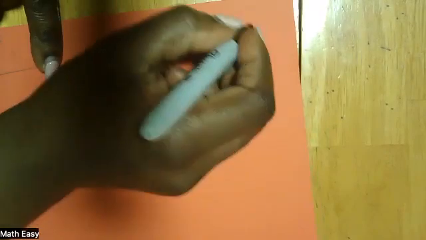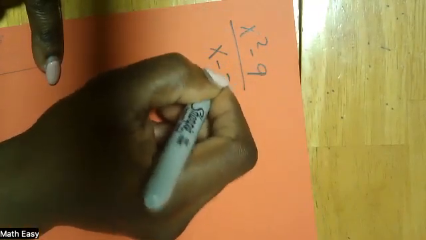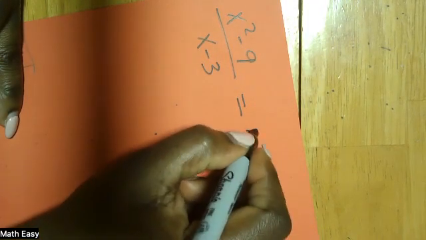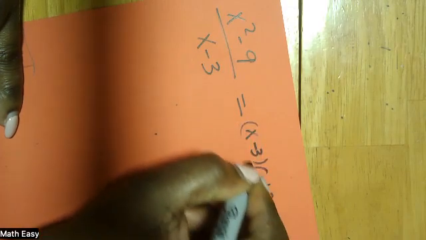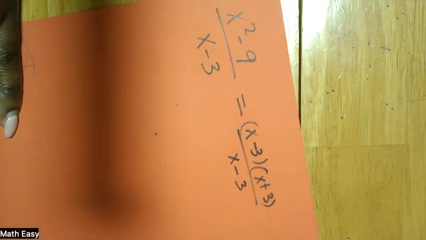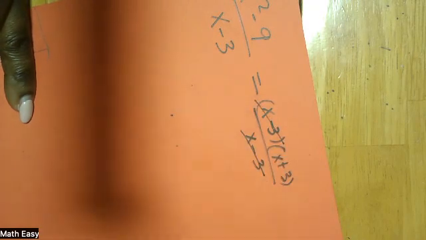So we have x squared minus 9 over x minus 3. Look carefully, what do we see in our numerator? Yes, we have the difference of 2 squares. So we can rewrite that as x minus 3, x plus 3, over x minus 3. We have x minus 3 here, x minus 3 here.